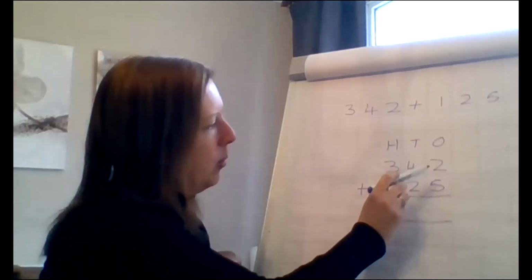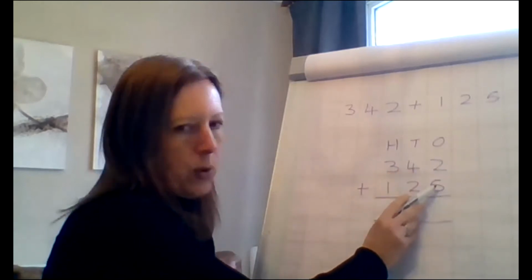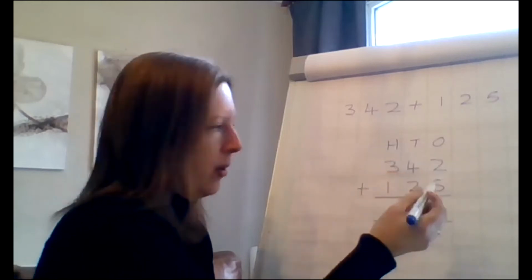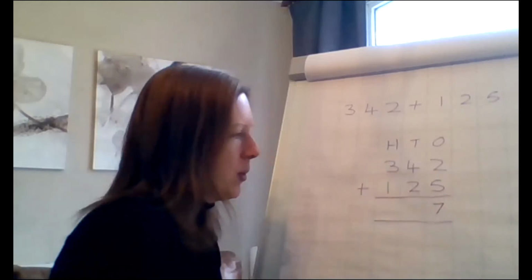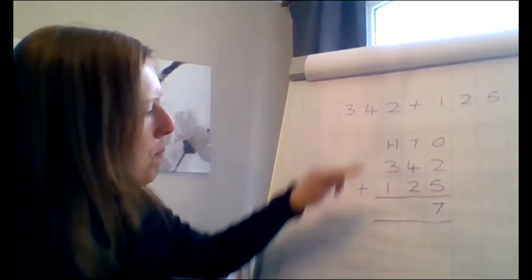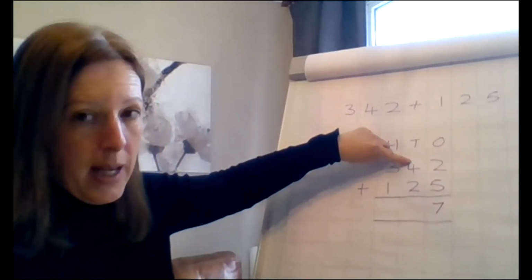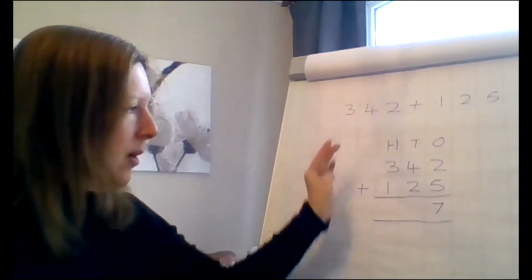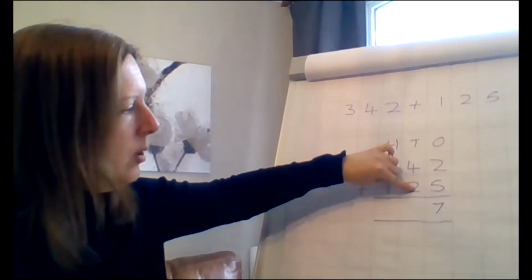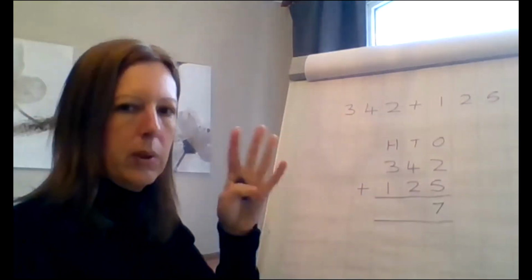So in my ones column, I have got 2 and I've got 5. So 2 and 5, I know, is going to be 7. So I'm going to put 7 into my ones column there, straight underneath. Now go to my tens column, because I work along one at a time. So in my tens column, I've got a 4 and I've got a 2. So 4 add 2 is 6.